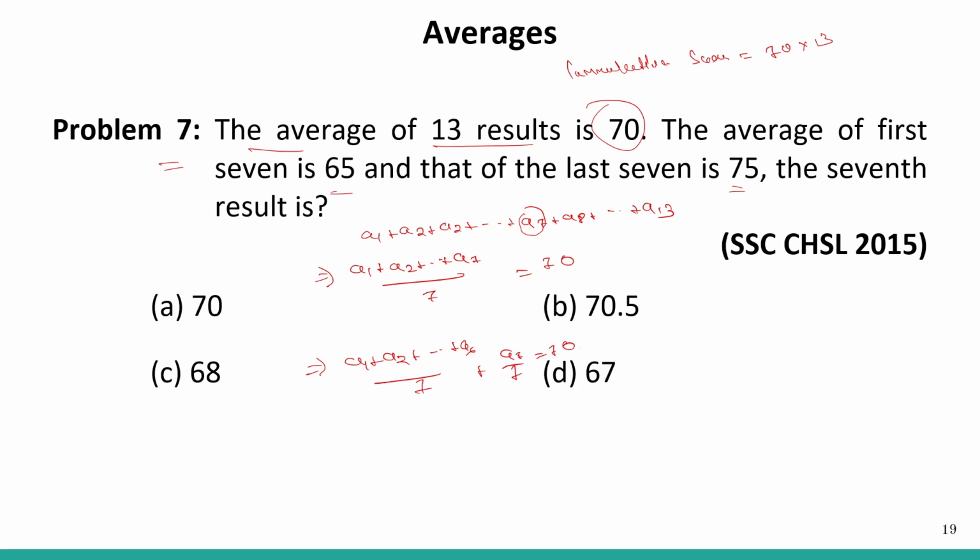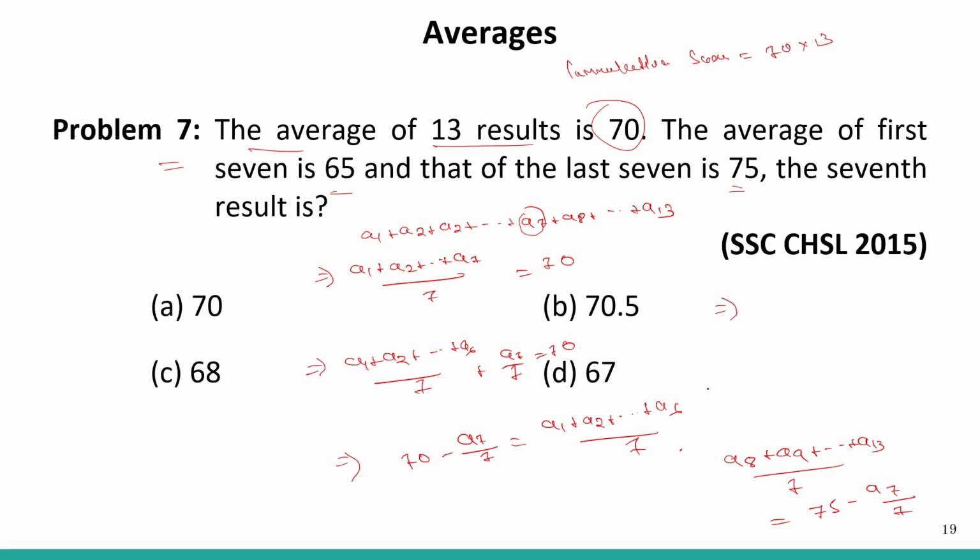So 70 minus A7 by 7 is equal to A1 plus A2 plus dot dot dot plus A6 by 7. And it was given that the average of the last 7 is 75. So A8 plus A9 plus dot dot dot plus A13 by 7 will be equal to 75 minus A7 by 7, right?